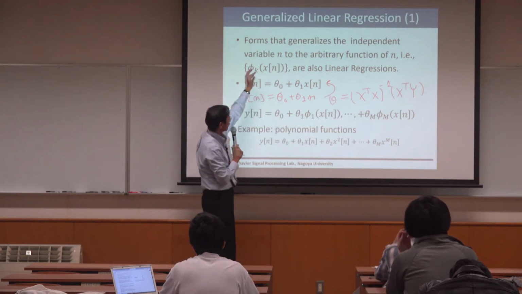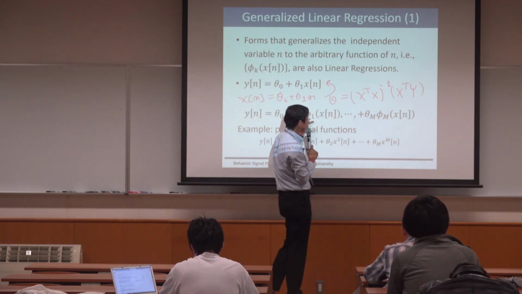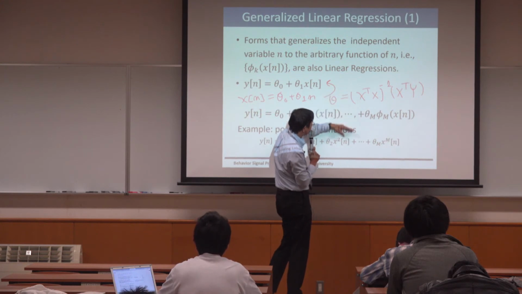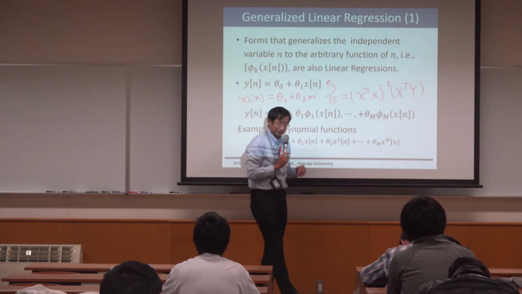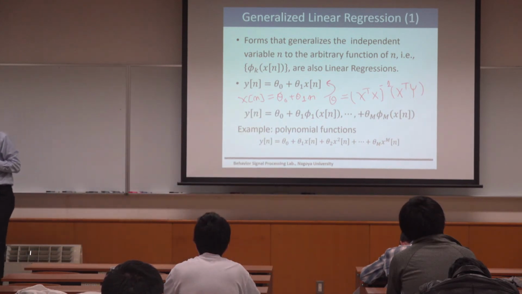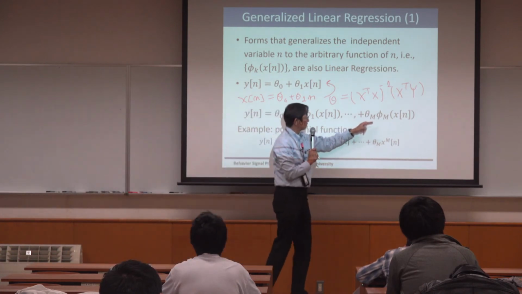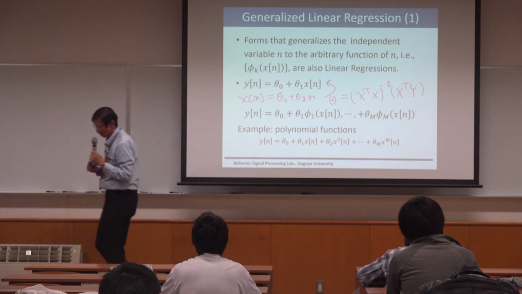Because you organize the X matrix based on this, which gives you a little bit longer matrix, from 2 by something to m by something, because we have m terms. But still, the mathematical form is completely the same.